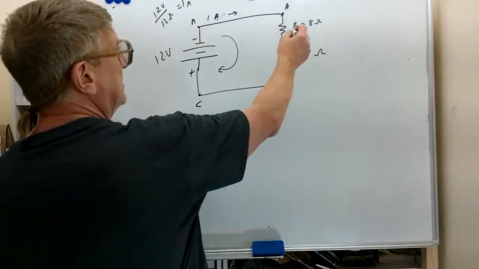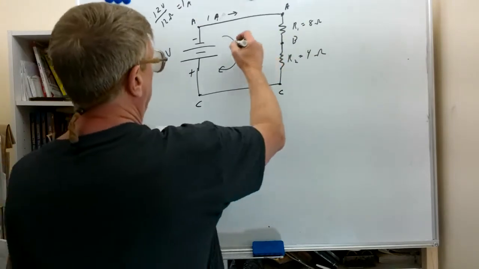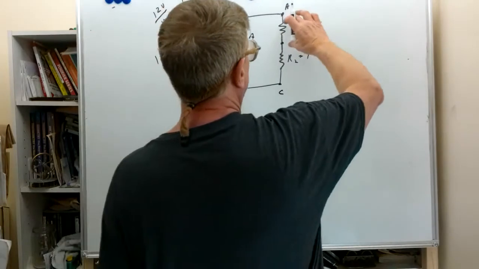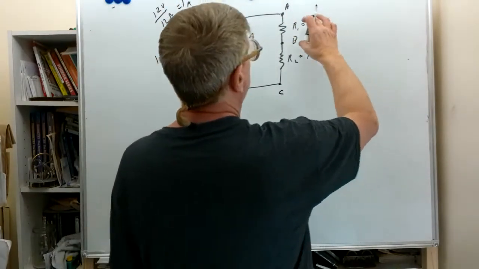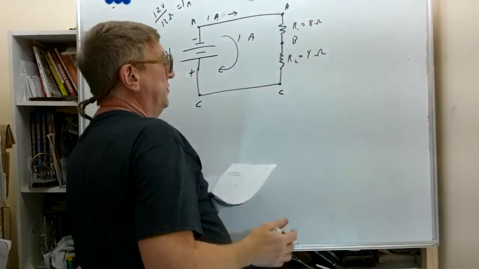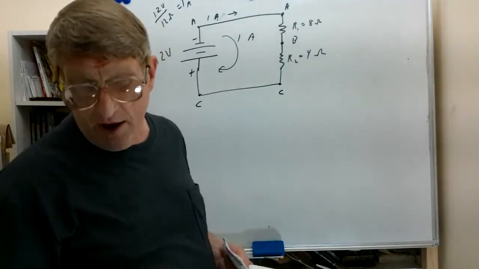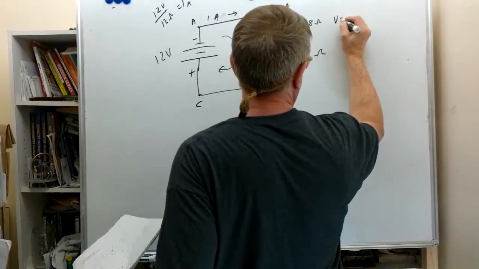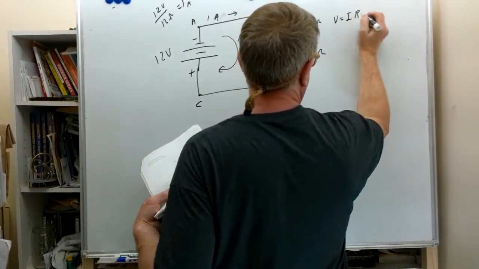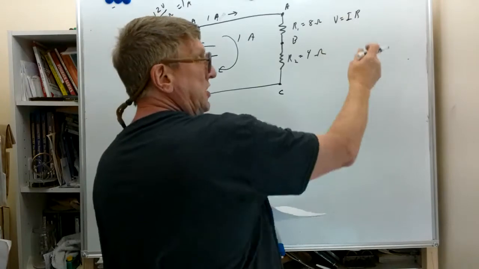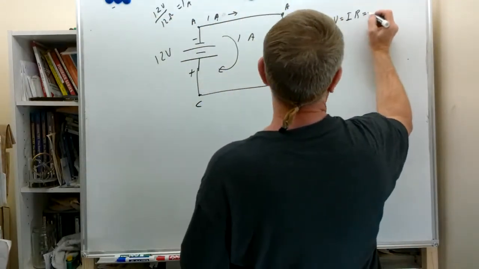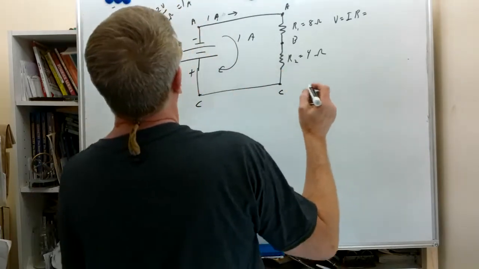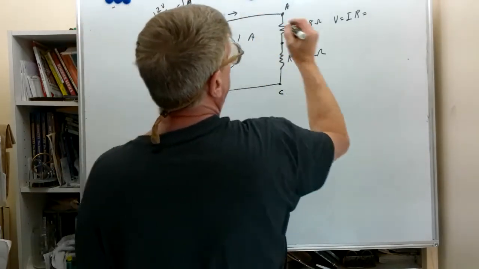Now we're going to calculate the voltage. We've calculated the current through the loop. We found it to be 1 amp. So let's calculate the voltage that appears across this R1, or what we would call the voltage drop across R1. We're going to say that voltage equals current times resistance, which is why we call it IR drop. Our current, which we calculated using the total resistance and the supply voltage, is 1 amp.